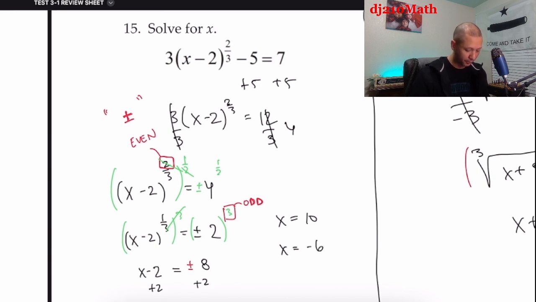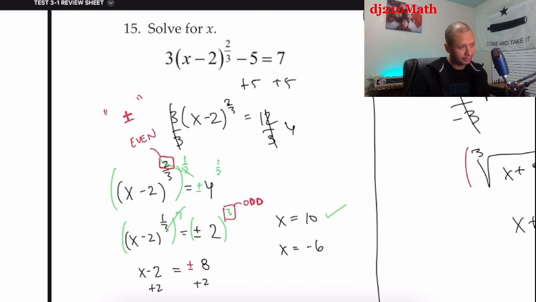We can check both of our answers. 10 minus 2 is 8. Cube root of 8 is 2. 2 squared is 4. 4 times 3 is 12. 12 minus 5 is 7. So we know that 10 works.